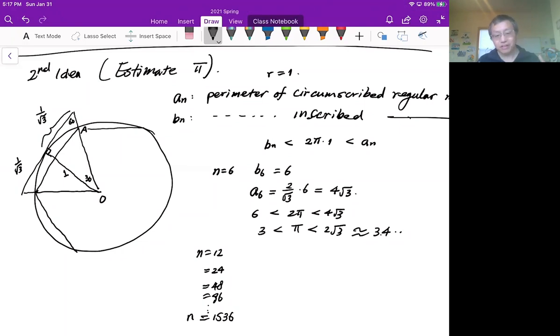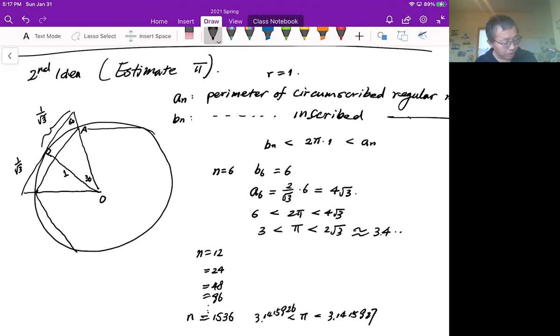It's a long story, but to make it short, if you just keep on working in this way, when n equals 1,536, you get pi to be between 3.1415926 and 3.1415927. That's impressive.